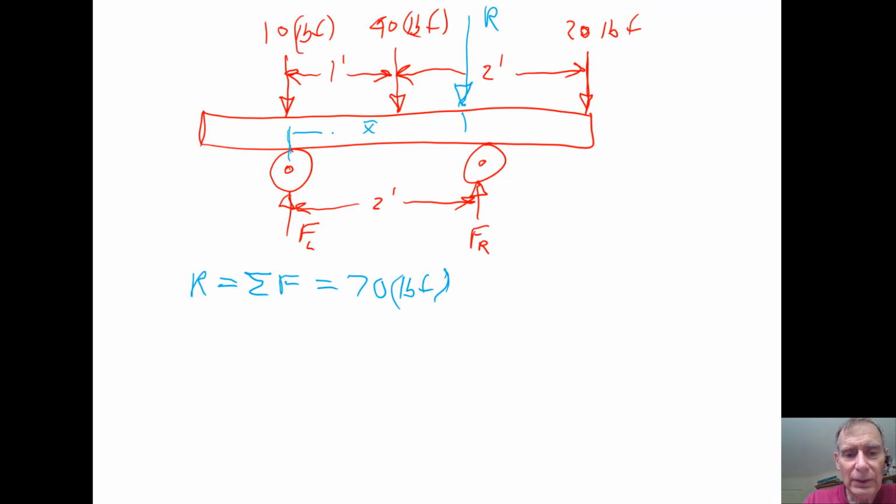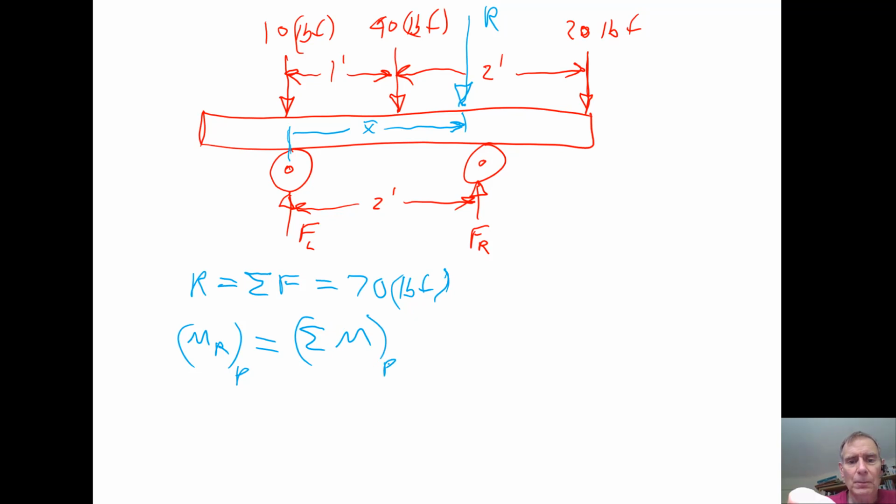You don't have to measure from the left wheel; you can measure from any point. The moment created by R about any point, we'll call it point P, has to equal the sum of the moments of the original system about that same point.